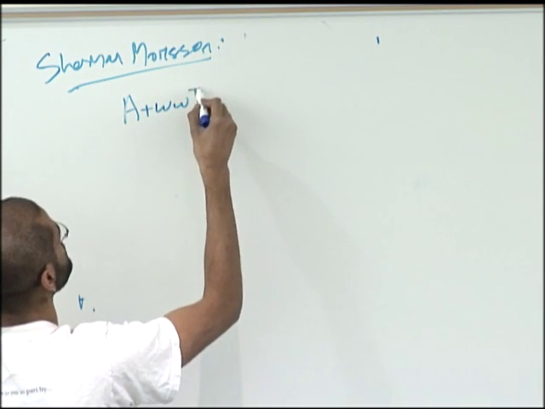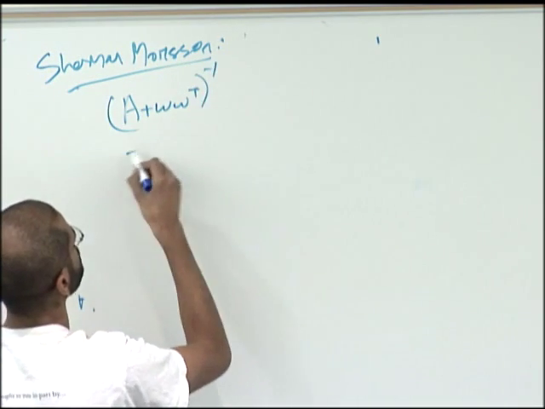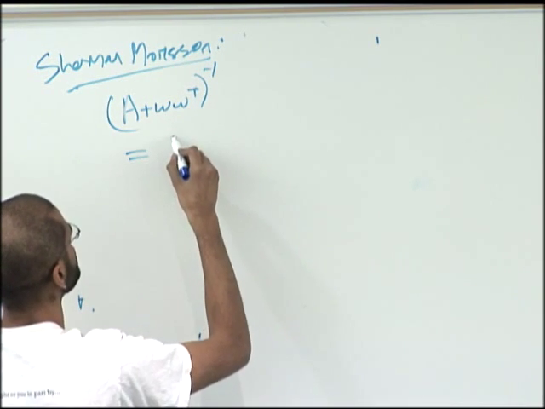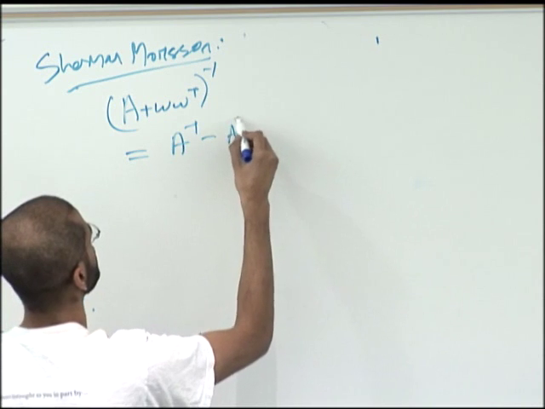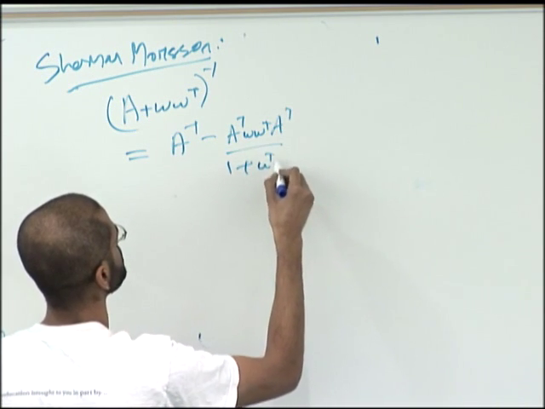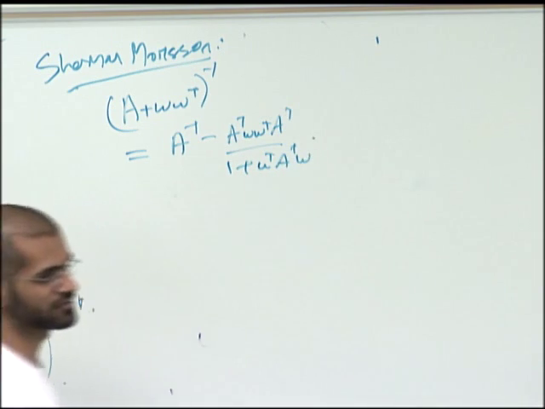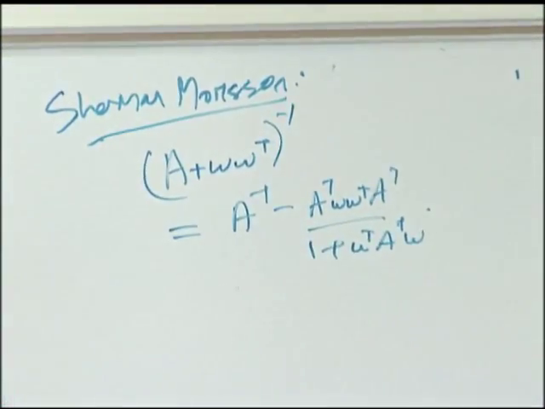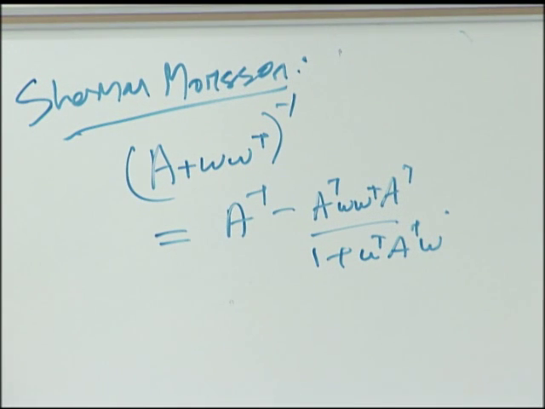This is just some very basic fact from linear algebra. It says that (A plus W W transpose) inverse, for any invertible A, is equal to A inverse minus A inverse W W transpose A inverse over 1 plus W transpose A inverse W. This can be derived by doing some partial Gaussian elimination or something like that, and in any case, it can be verified easily.